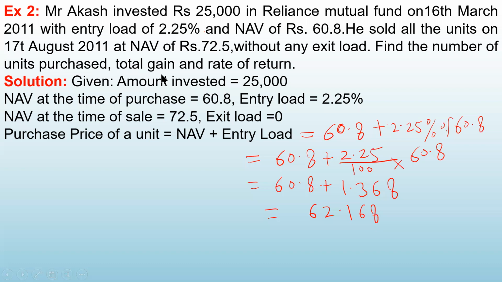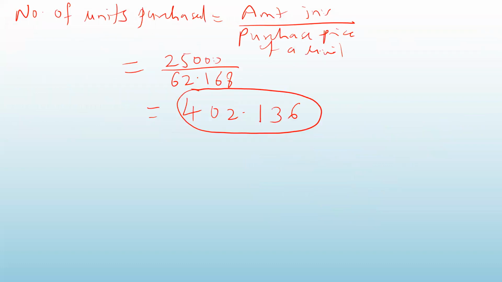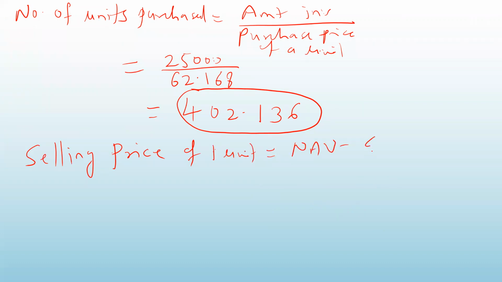Total gain. To find out total gain, we need to know the total sale price, that is, the amount received. So first of all, we will find out the selling price of one unit. You know that it is NAV minus exit load, correct?